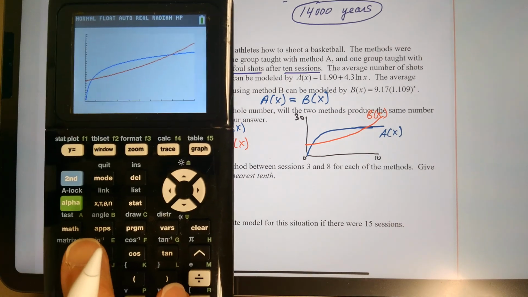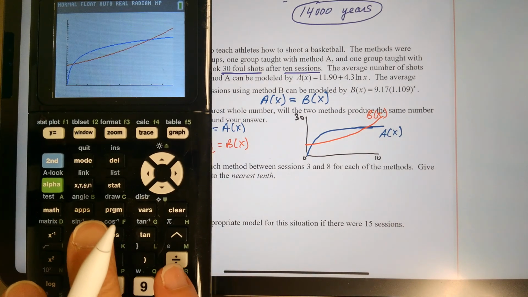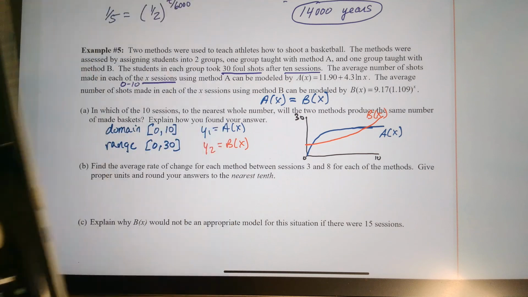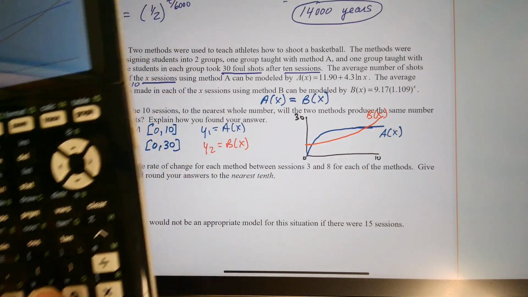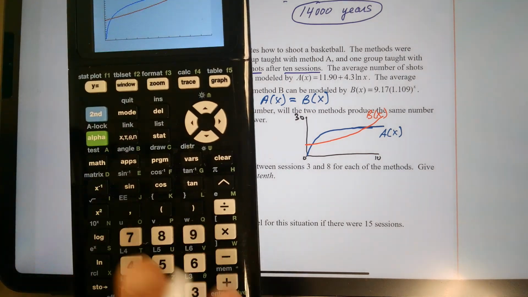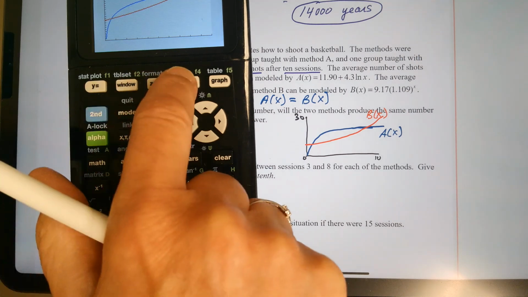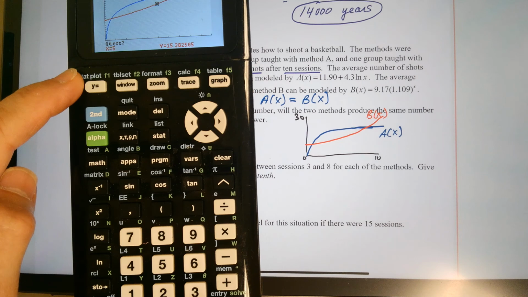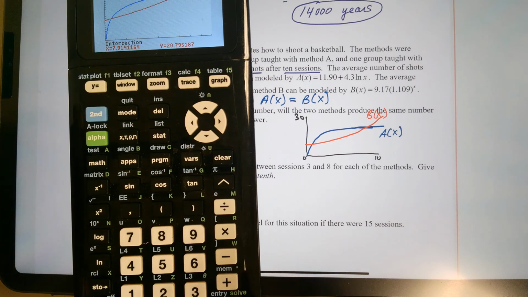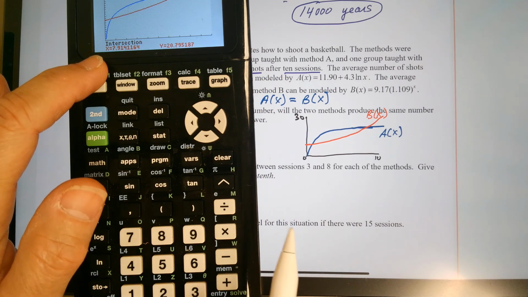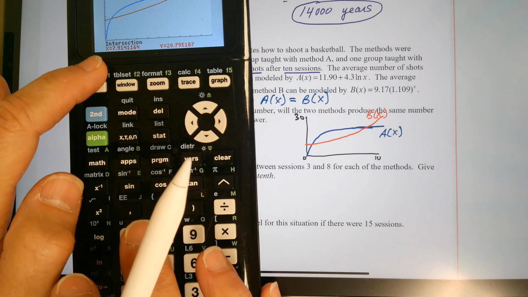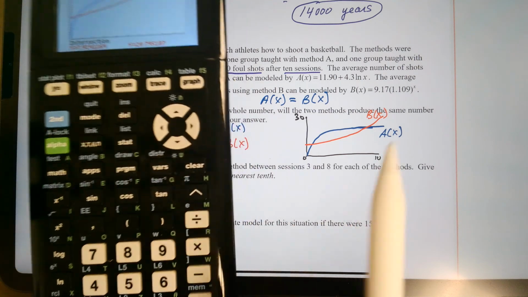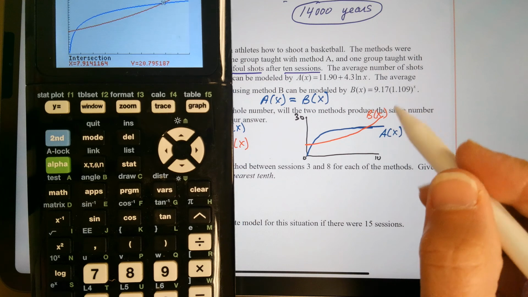So now use the calculator, find their point of intersection. To the nearest whole number, second trace, number 5 is intersect. To the nearest whole number, this would be 7.9, which would be the 8th session.